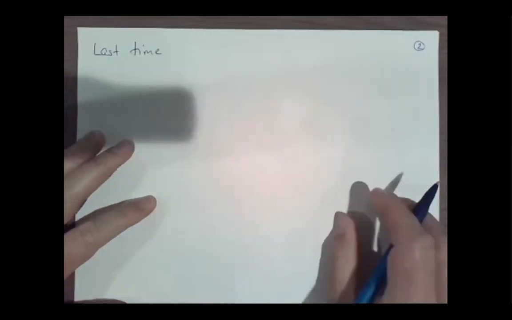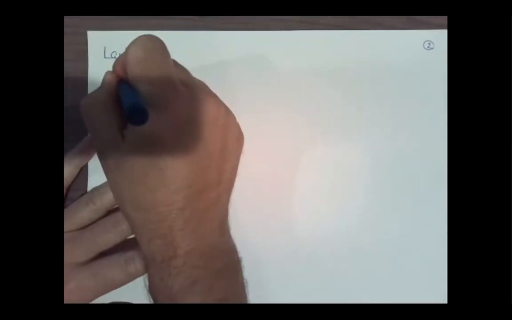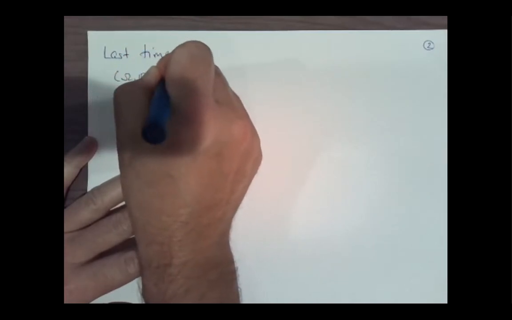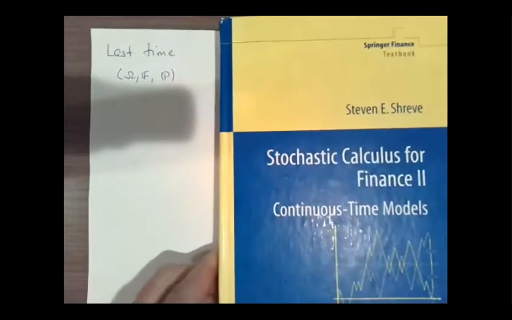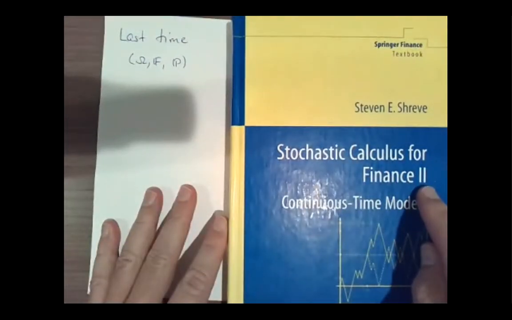So last time we got started on measure theory. We were quite interested in this omega, F, P. And I should say before we get started, where we're working now is in the thick book of our textbook, number 2.